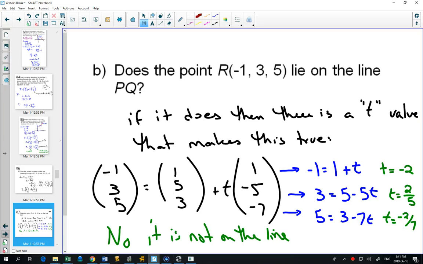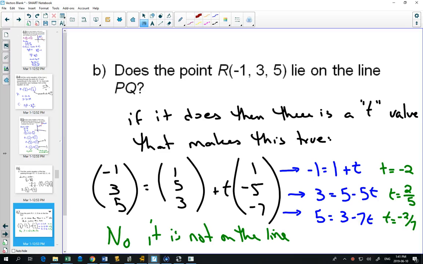If it was on the line, there exists a t-value that makes it work. In our case, it doesn't work. And so we can say that it is not on the line. But if we got t equals 2 for all three, we could say that it works.